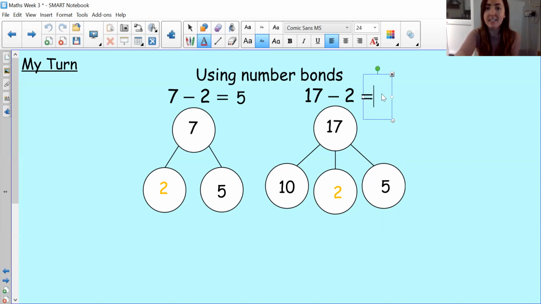So 17 take away 2 equals 15. And now if I compare, I can see that 7 take away 2 equals 5 and 17 take away 2 equals 15. And we can see that the 1s are the same.